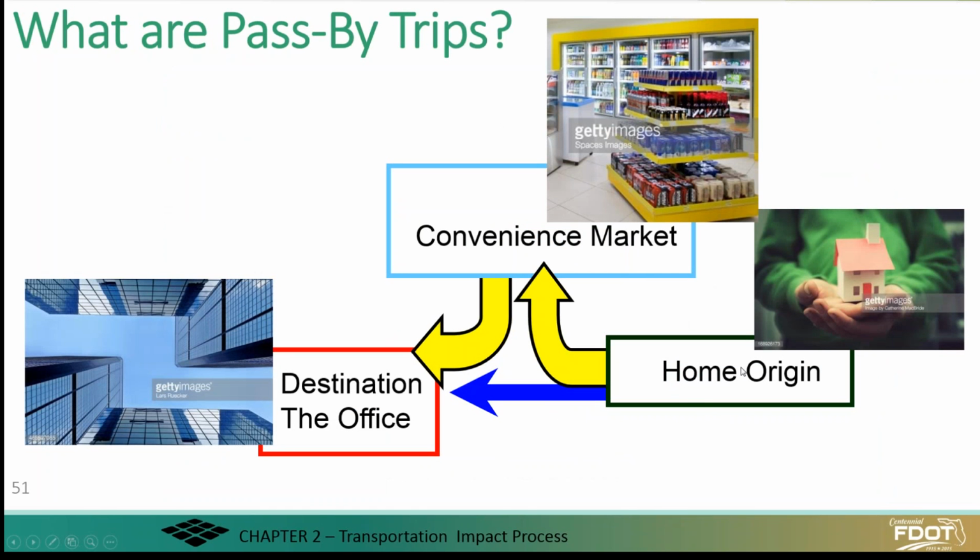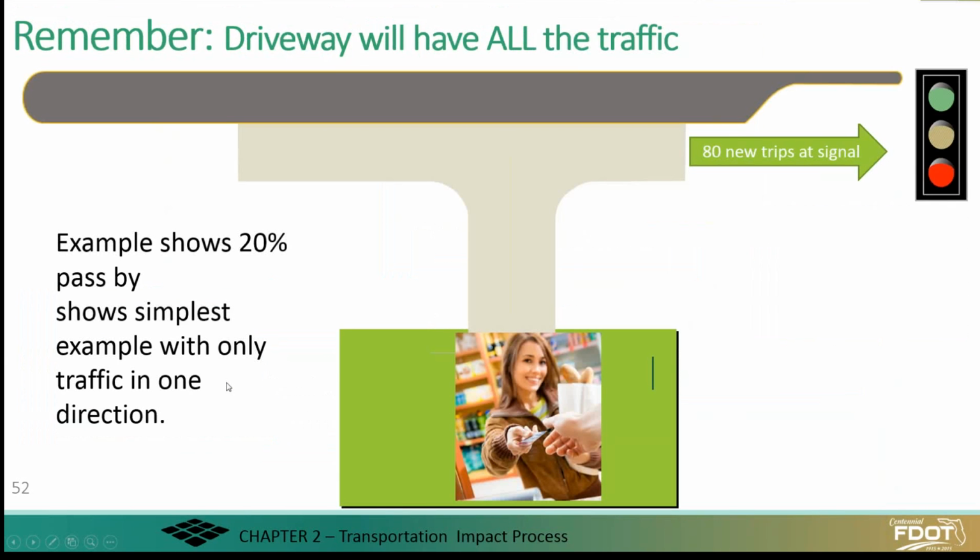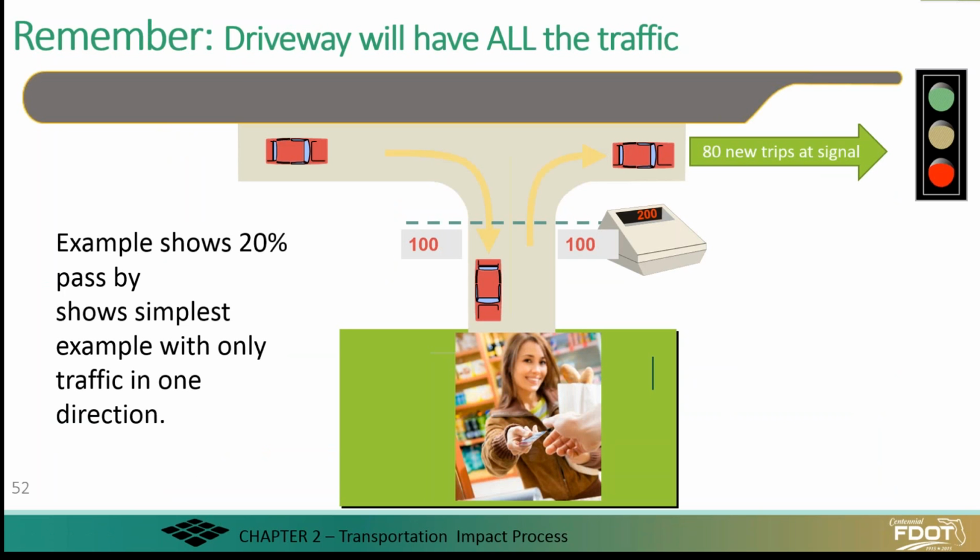So here's the home, here's a convenience market, they are going to the office. Now, like I said before, during a typical hour, there will be 100 going in and 100 going out.